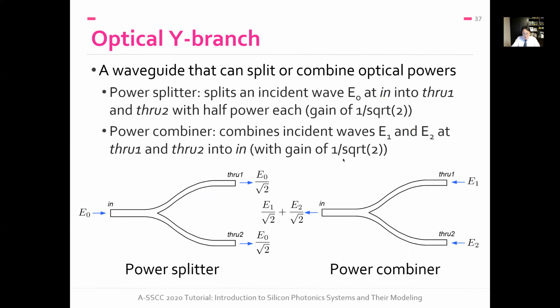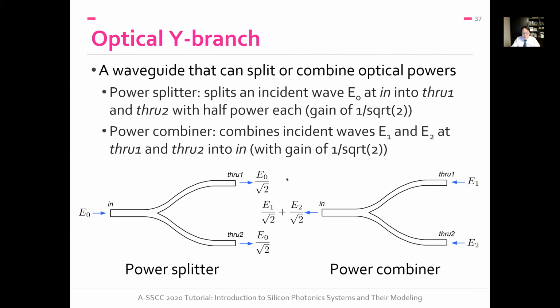A structure similar to this directional coupler is the optical Y branch. It is named after its shape. It has a single port on one side and two ports on the other side. This is a structure that can either split or combine optical power. For instance, if the light is coming from the left, then as it propagates through, the incoming light will be split into two outputs.